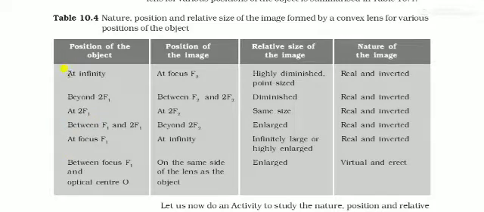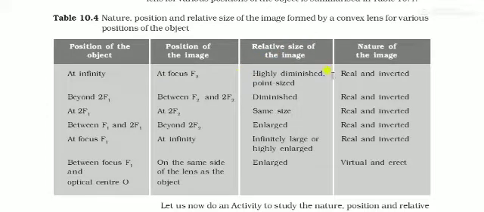The first position is at infinity, then beyond 2f1, at 2f1, between f1 and f2. These are the positions of the different objects. Then there is the position of the image, meaning if the object is placed at infinity, what is the position of the image? It is at f2. Then the size of the image, meaning whether it is diminished in size or enlarged.